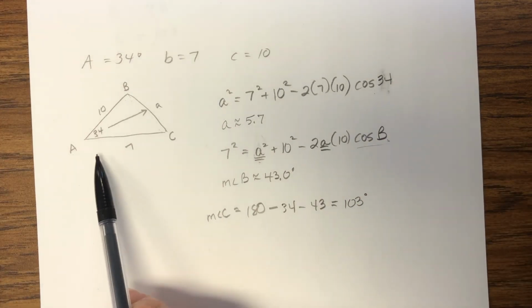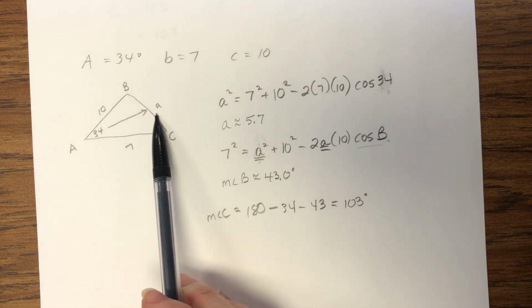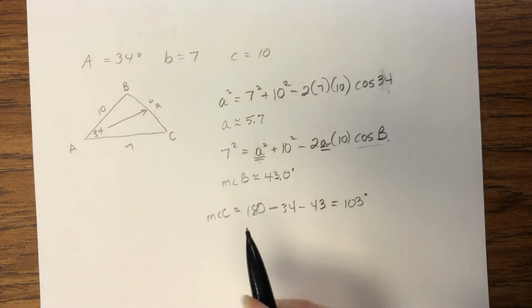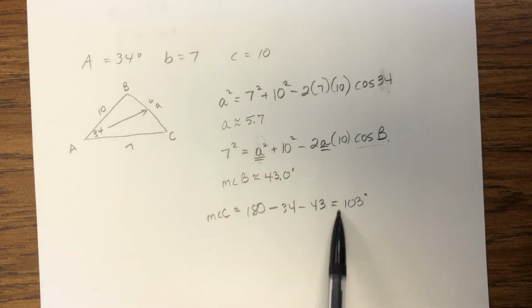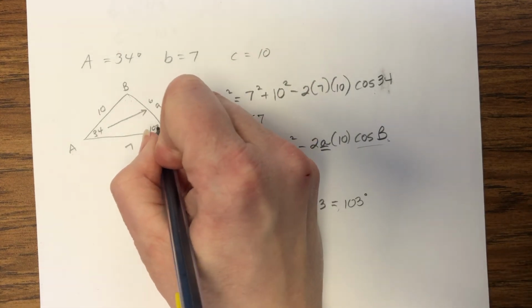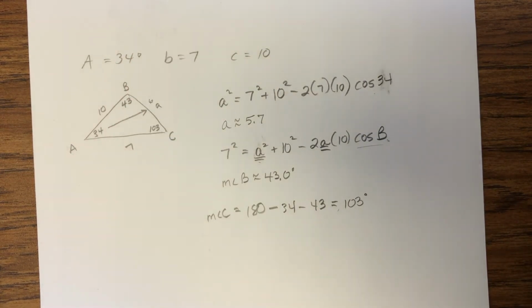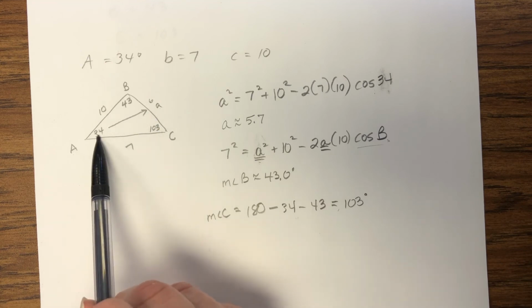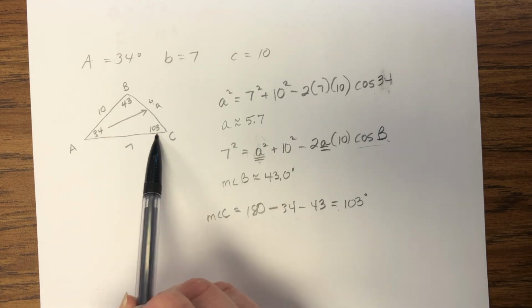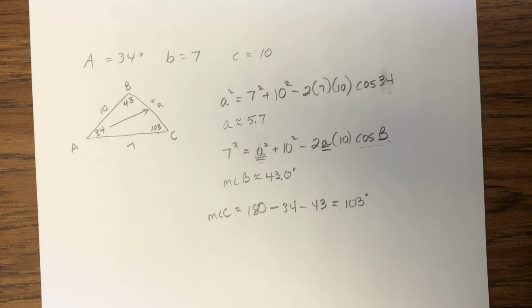So I'm going to go back here. This side was about 6. Angle C is 103. Angle B was 43. Smallest angle, smallest side, largest angle, largest side, and in between.